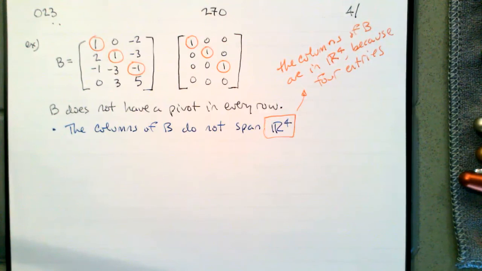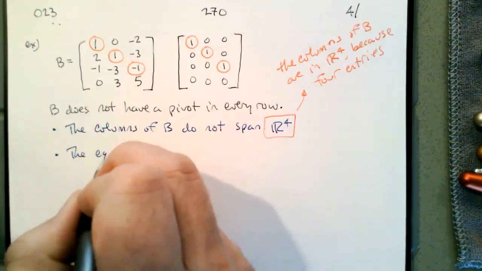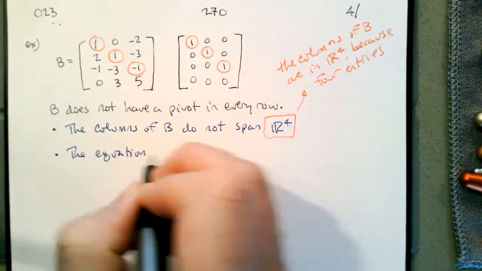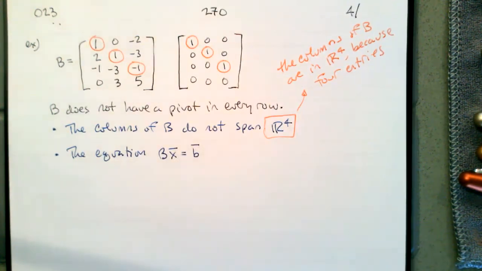Let's talk about this in terms of equations. The equation Bx equals b is inconsistent for some b in R4.